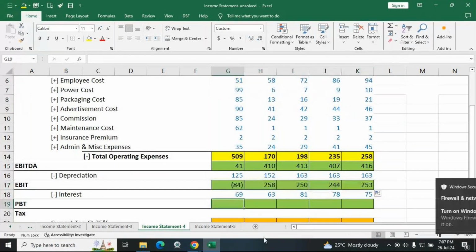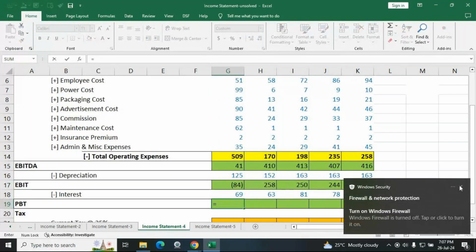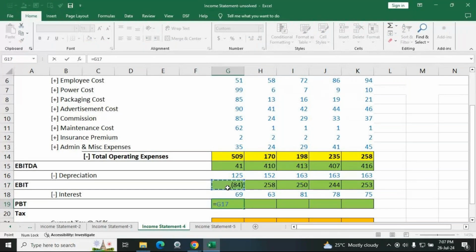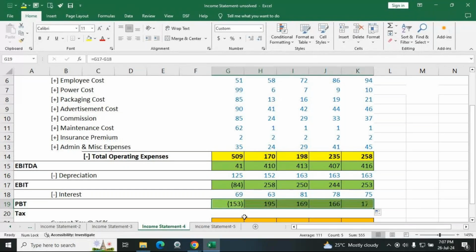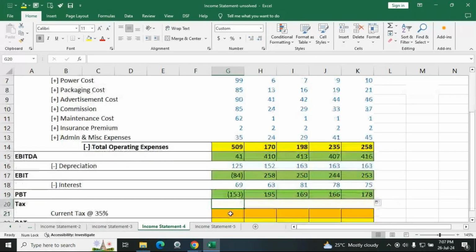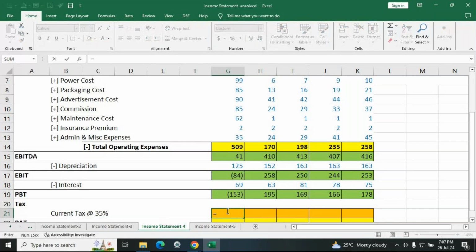Profit before tax will be EBIT minus interest. Tax: the first year there is no tax, so equals 0.